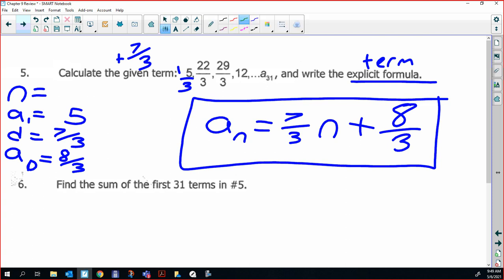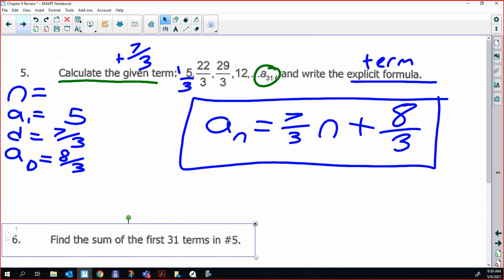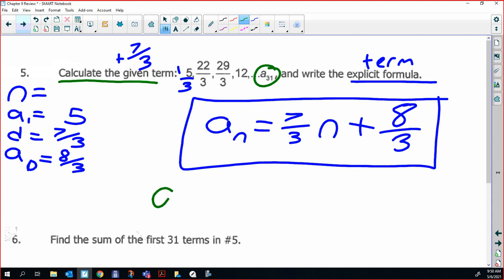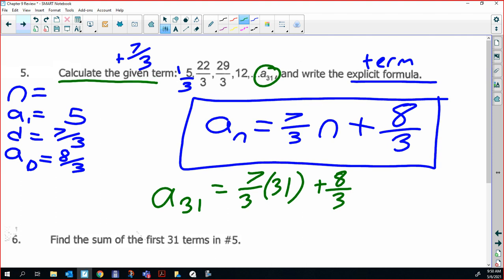Now, calculate the given term. It wants us to find term number 31. So to find a sub 31, we have to plug 31 into this formula. 7 over 3 times 31 plus 8 over 3. Calculator time.